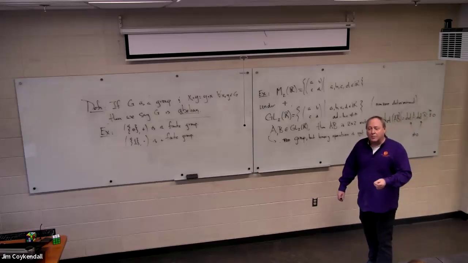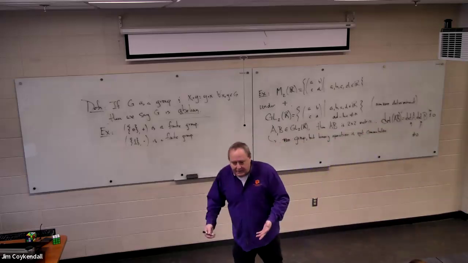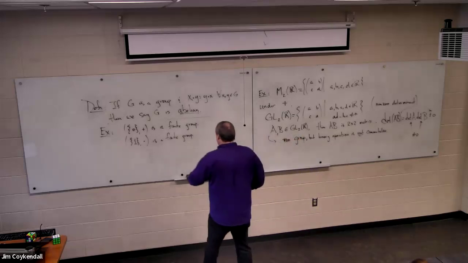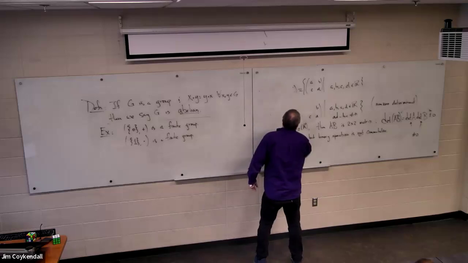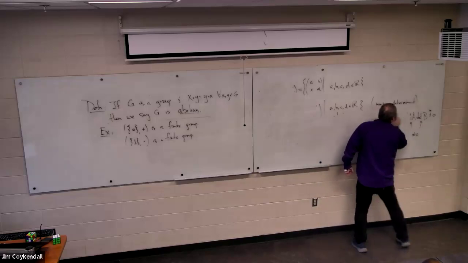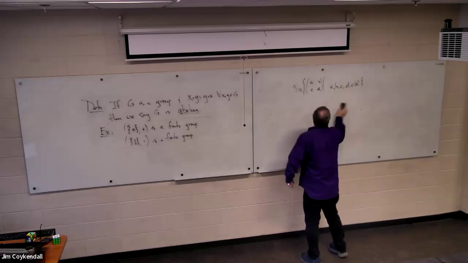But there is a takeaway from this. And the takeaway is the identity by itself is always a group, right? If you just take the identity itself from the group. Now here's a better example that was just suggested to me.